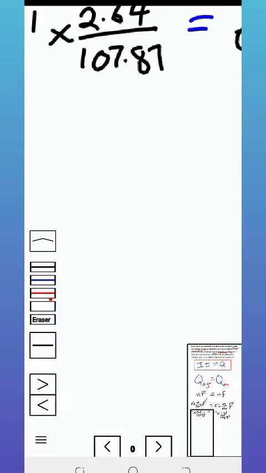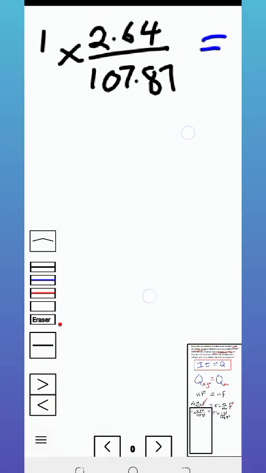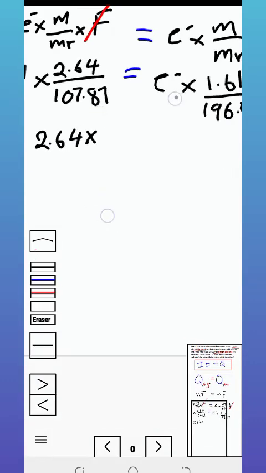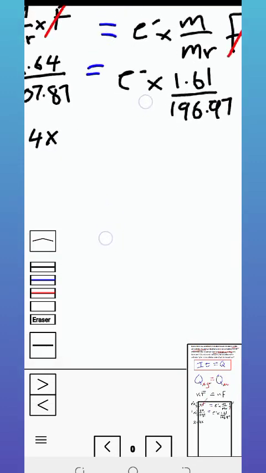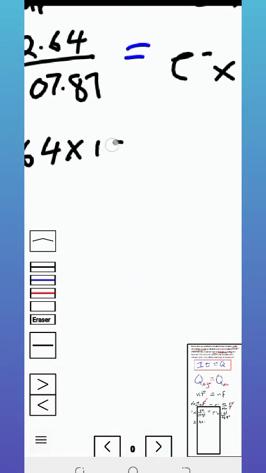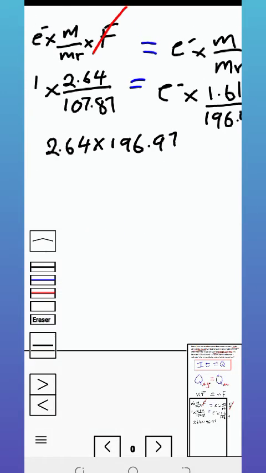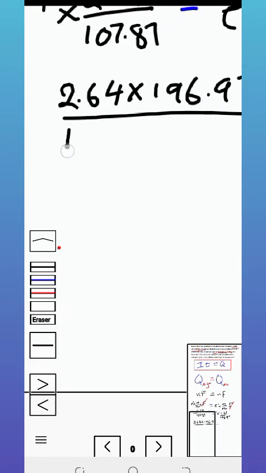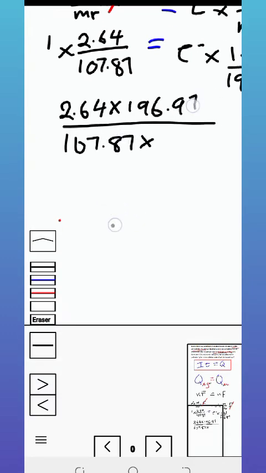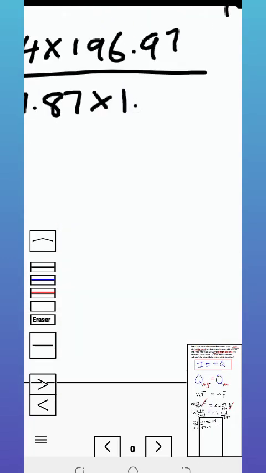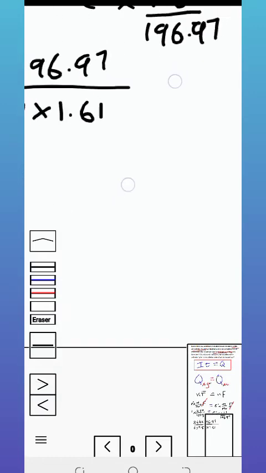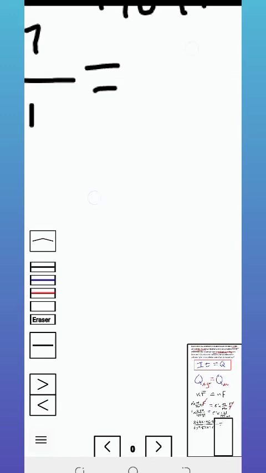On top we're going to have 2.64 multiplied by 196.97, everything being divided by 107.87 multiplied by 1.61, and this is going to be equivalent to the number of electrons.